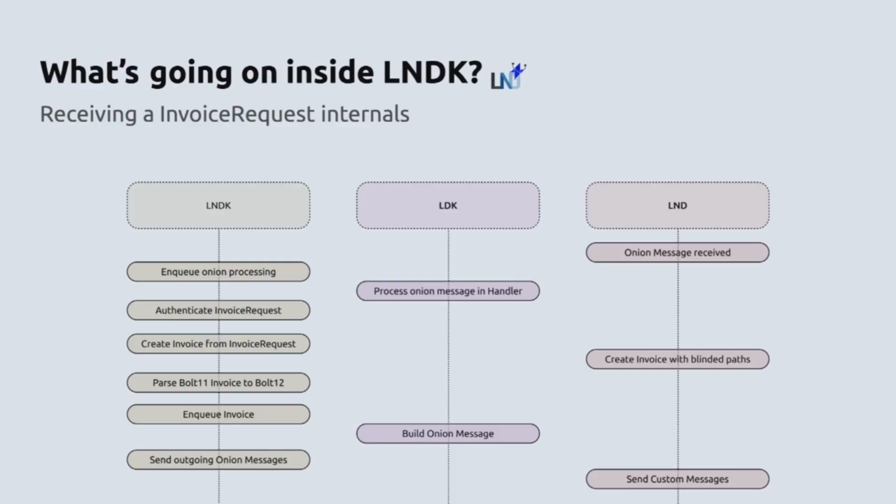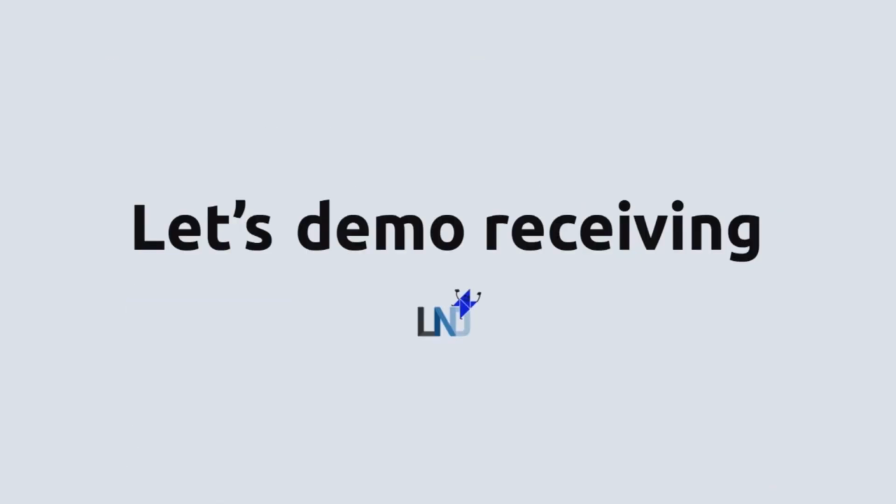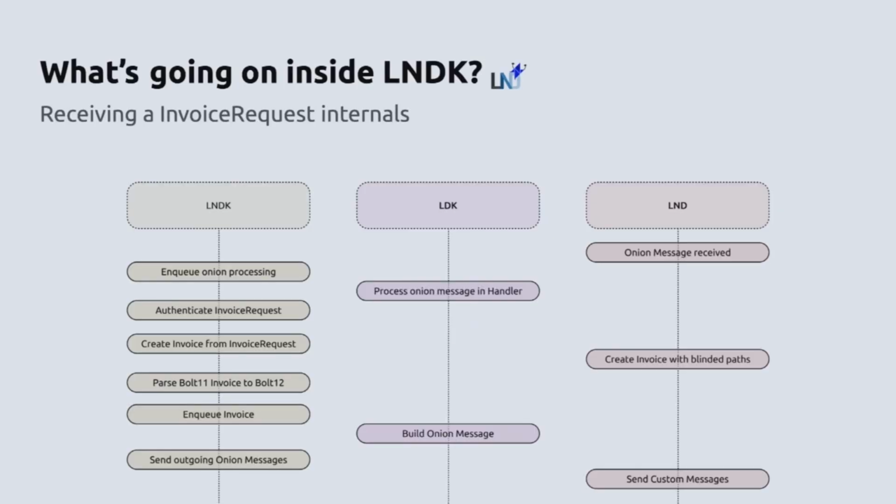We create a BOLT11 invoice using the blinded path options in LND. Then using that, we parse the BOLT11 and just transform it into BOLT12. Then we queue the invoice to the onion processing handler, and we send the outgoing message. And finally, the payment arrives like any other BOLT11 payment that LND was waiting for.